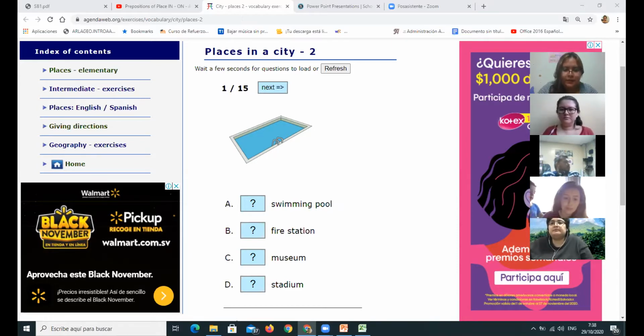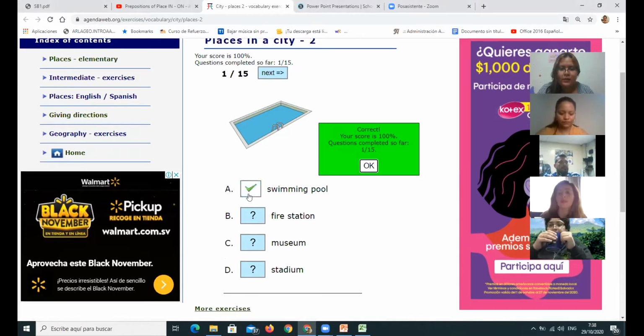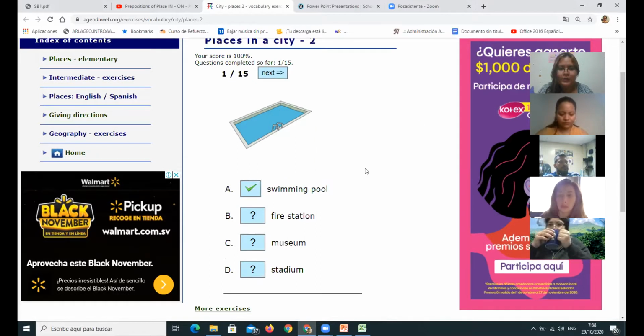Swimming pool. Okay, so what is the place number one? Which one is this? It's the swimming pool. Okay, I'd love to go to the swimming pool.